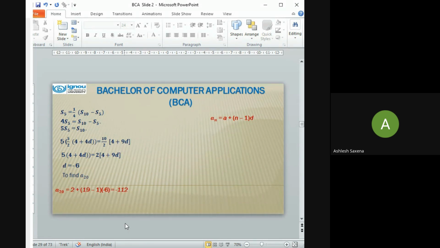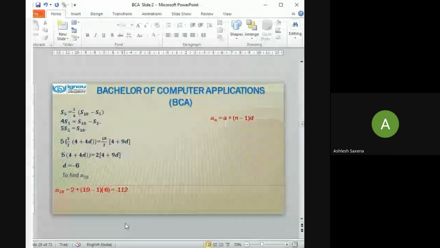Bring that S5 to the left hand side. You will get 5 S5 equal to S10. Write the value of S5 as 2A plus 9D.